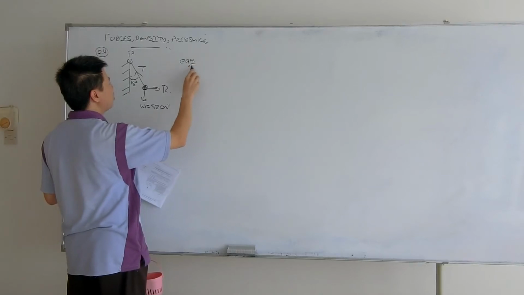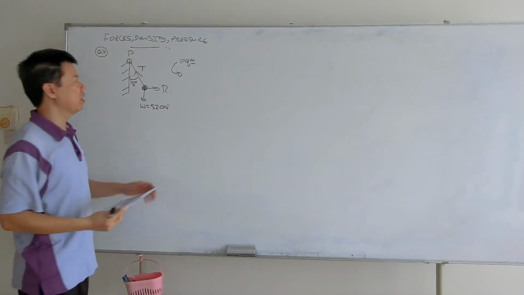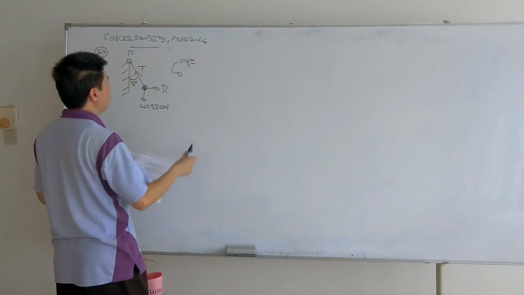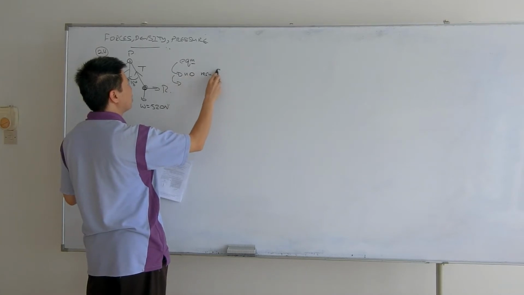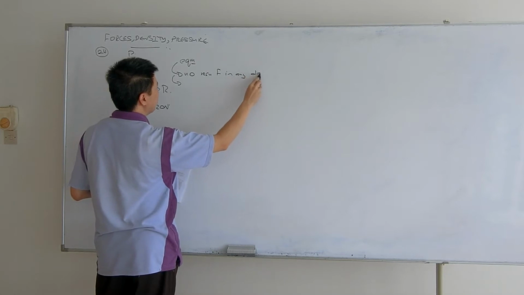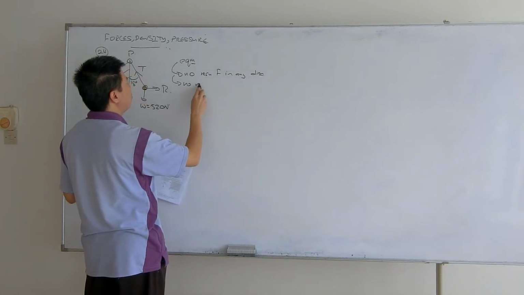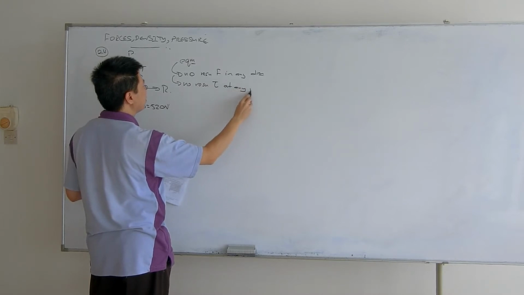Again, remember the conditions of equilibrium, because in the past we thought it was stationary, but not really. It's based on two very important things: there is no resultant force in any direction, and no resultant torque at any point.